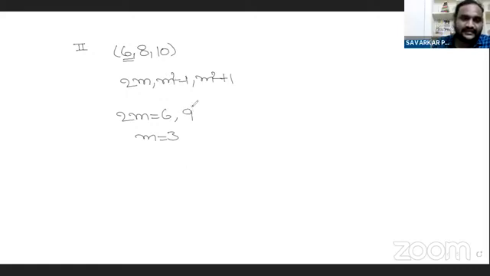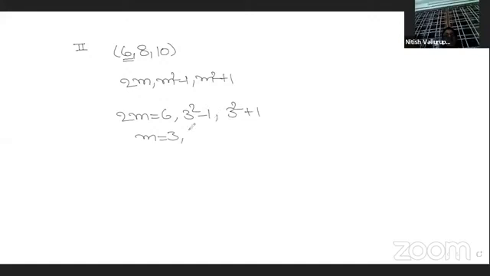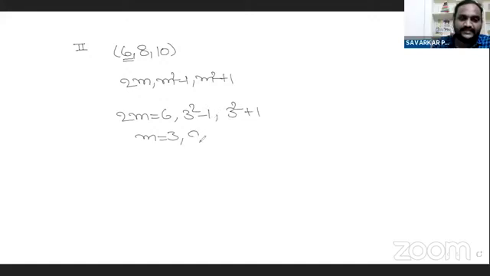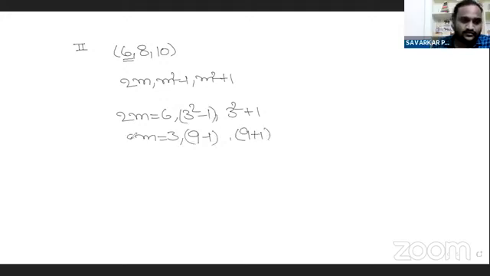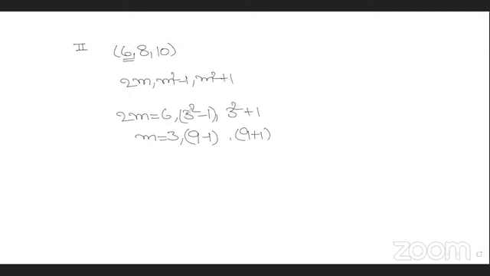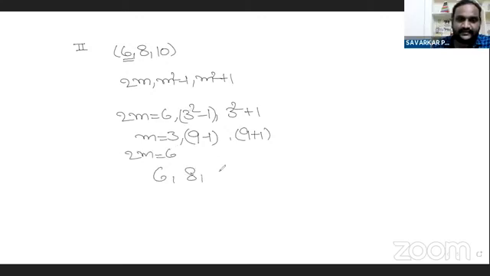That is 3 square minus 1, 9 minus 1, which is 8. And 3 square plus 1 is 9 plus 1, which is 10. So we write 2m, m square minus 1, m square plus 1. Is it satisfying? Yes, sir. 2m is 6 only. So 6, 8, 10.